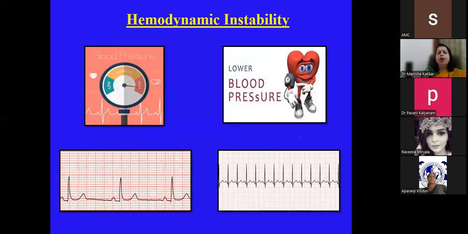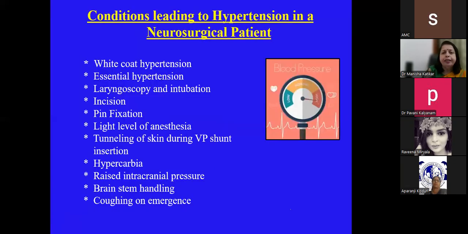So what are the commonest causes of either hypertension or hemodynamic instability in a neurosurgical patient? Let's see. If suddenly your patient gets hypertension, the patient might be having essential hypertension. The patient might be under light planes of anesthesia for laryngoscopy, intubation, incision, pin fixation.